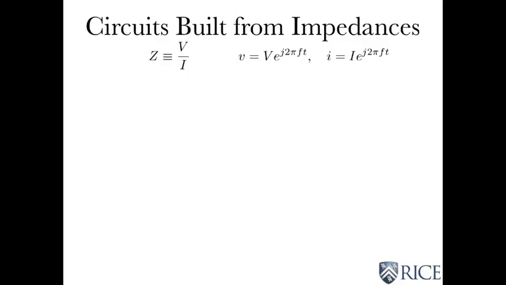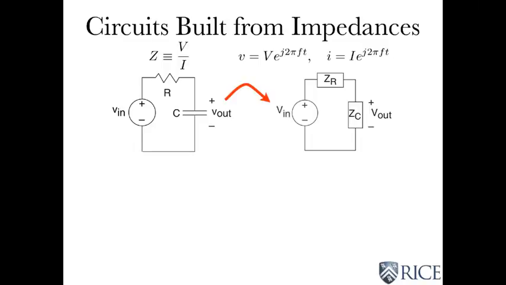Let's go back to our RC circuit. Instead of it being built out of real-world values, we're going to consider it as being built out of impedances. I want to be sure you notice something in the notation. Over here, this is a lowercase vn of t.